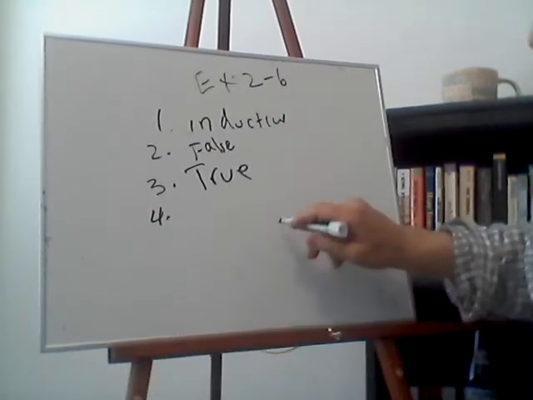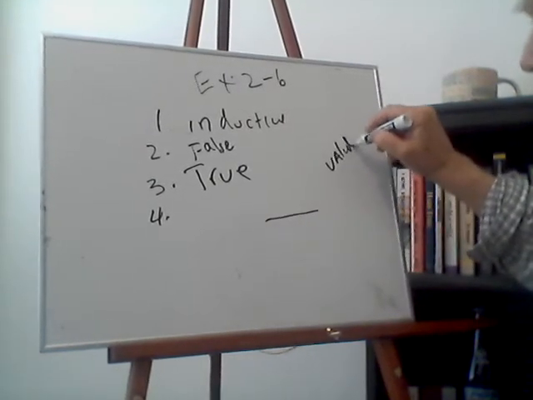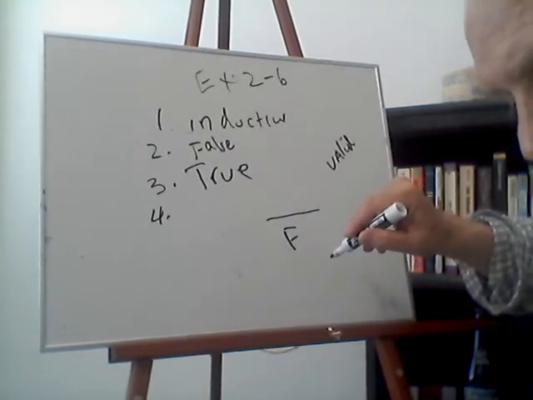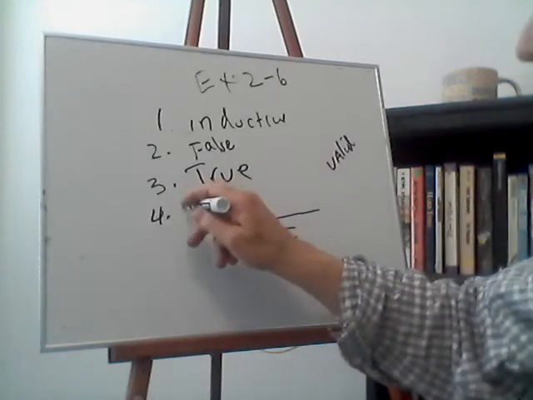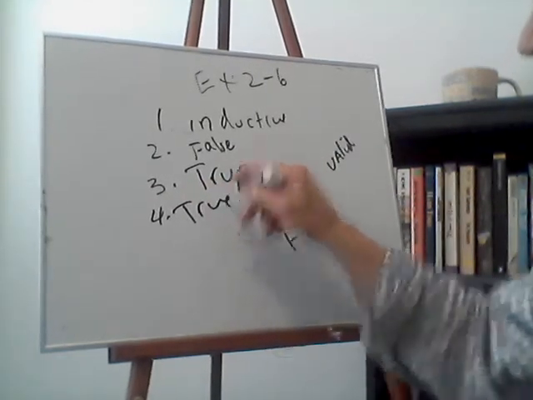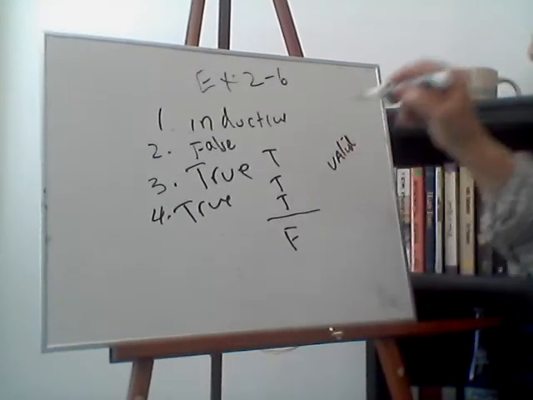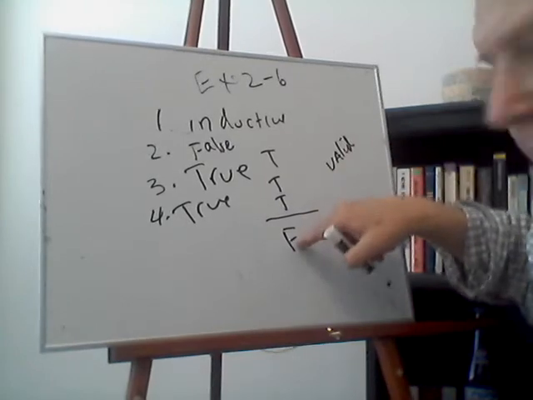Number 4, if a valid argument has a false conclusion, then not all of its premises can be true. We know they can't all be true, because in a valid argument, you cannot have true premises and a false conclusion.